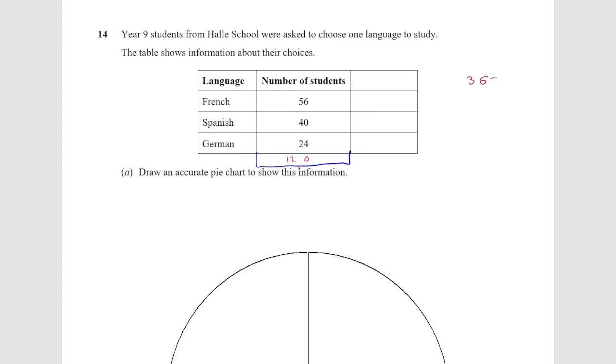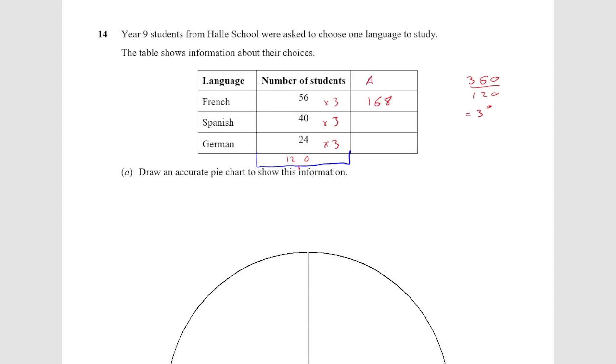So each person is going to be worth 3 degrees. So I need to times these values by 3 for my next part. So 56 times 3, well, 5 times 3 is 15, plus 18, so that's going to be 168.